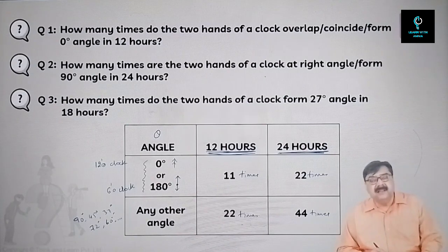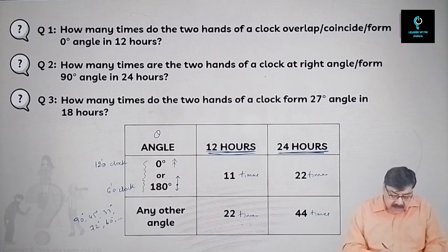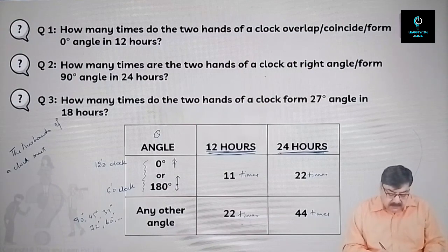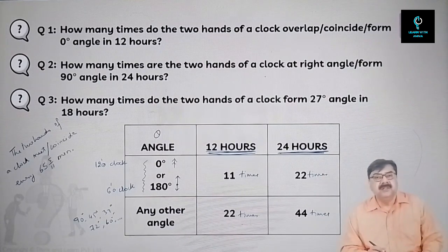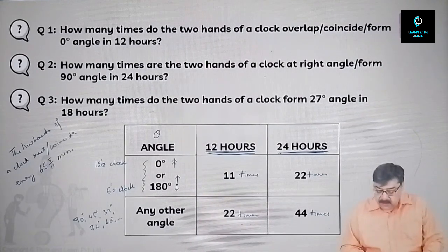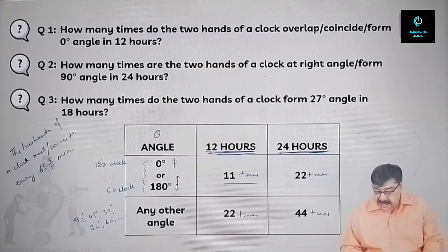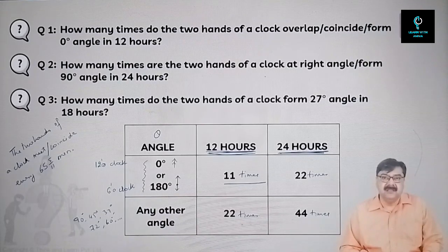The reason behind this is that the hands of a clock meet or coincide every 65 by 11 minutes. How is it so? Well, I've already told you that the two hands of a clock meet each other or coincide or form a 0 degrees angle 11 times in 12 hours.